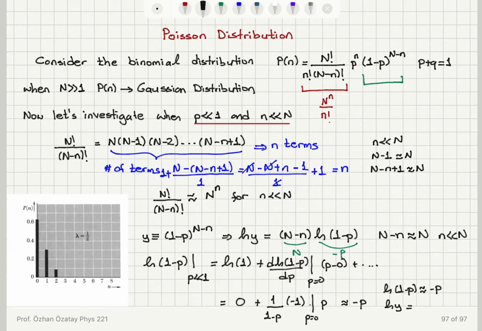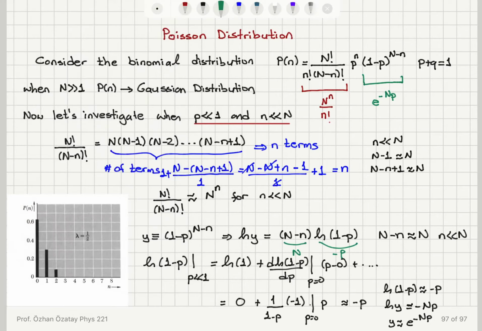So it's going to be minus capital N p, and y will be replaced by e to the power minus capital N p. So what was y? Y was 1 minus p to the power capital N minus n. So this is to be replaced by e to the power minus capital N p.